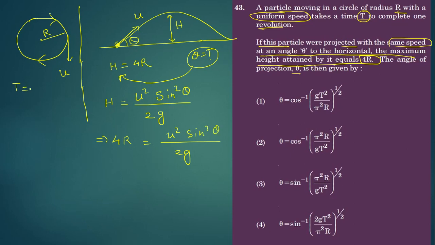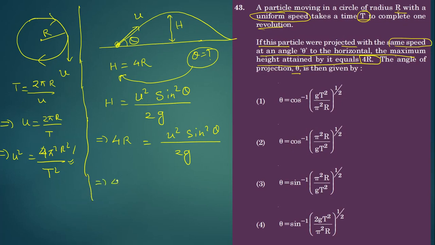What is time period? Time period is equal to 2 pi r divided by u, distance by speed. Thereby the speed will be equal to 2 pi r divided by t. Since I need u square here, I will square this. U square will be equal to 4 pi square r square divided by t square. Now this value of u square, I will put it in this equation. So this will be equal to 4r.